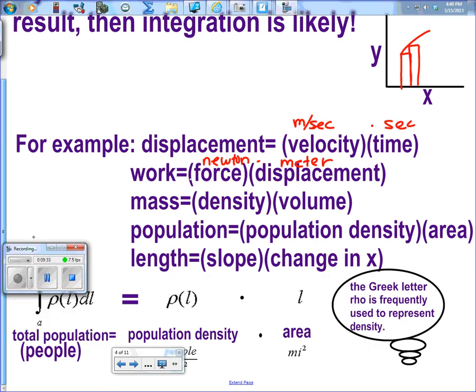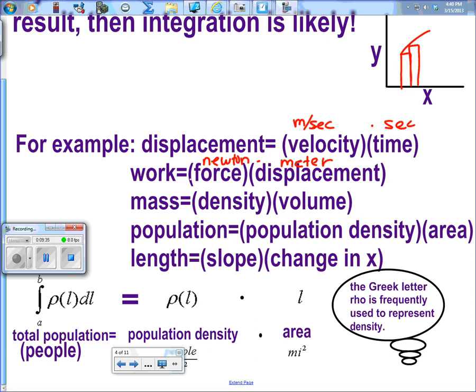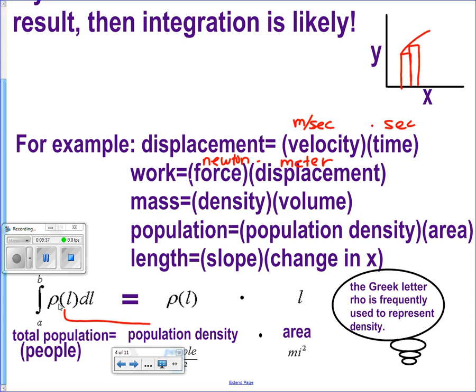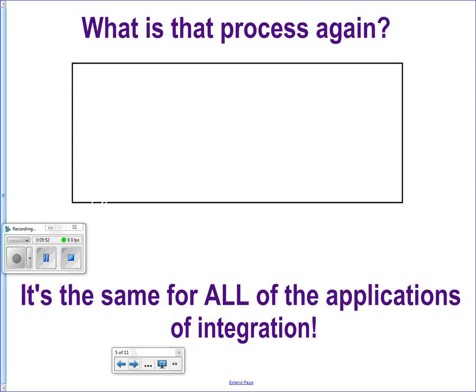Just a side comment, frequently we will be representing a density with the Greek letter rho, R-H-O. So there's a reminder to take a look at the units, and they will often drive what calculations you'll need to make. Kind of like unit analysis basically.